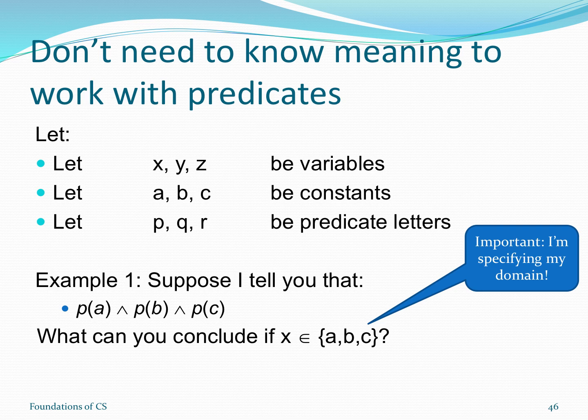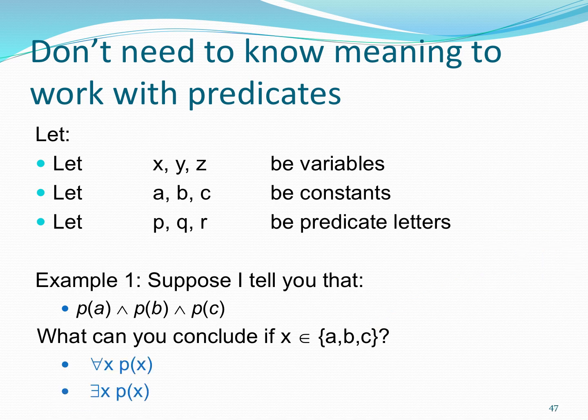And I tell you P of A and P of B and P of C. So these are all constants, right? If I tell you that X's domain, that my whole domain is A, B, and C. So X could be A, or X could be B, or X could be C, and that's all X can be in my domain. Then what can I conclude?